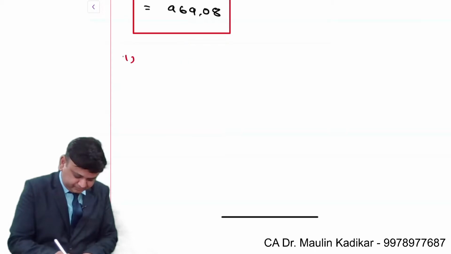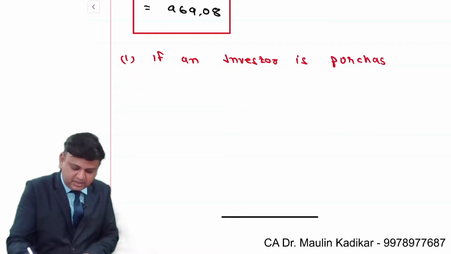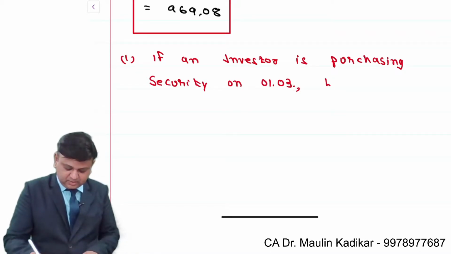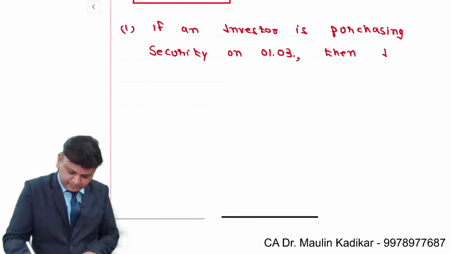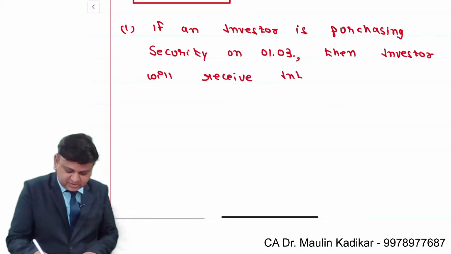First point. If an investor is purchasing security on 1st of March, then investor will receive interest on 30th of June, rupees 50. Full stop.